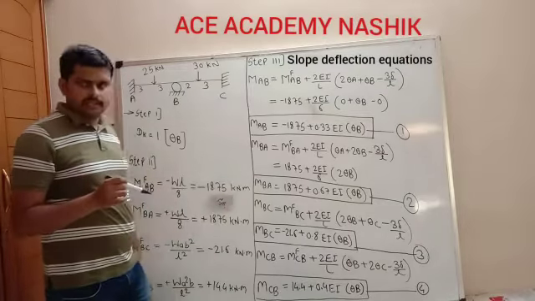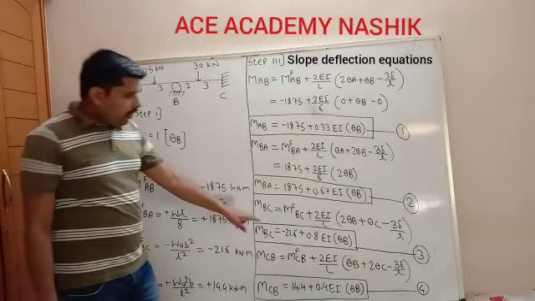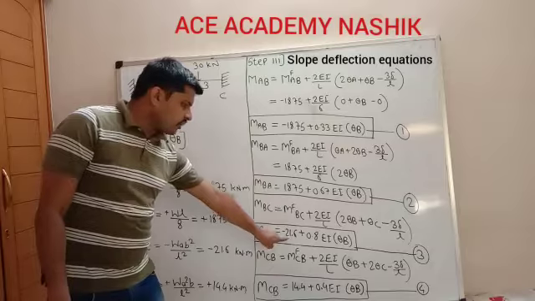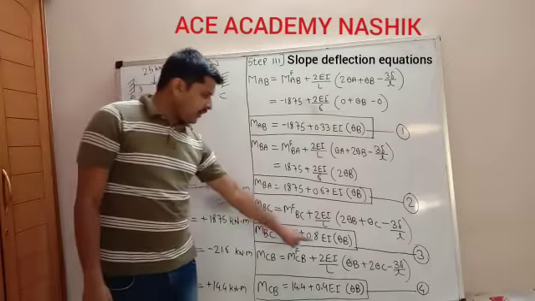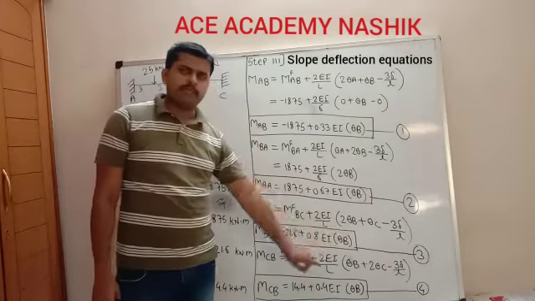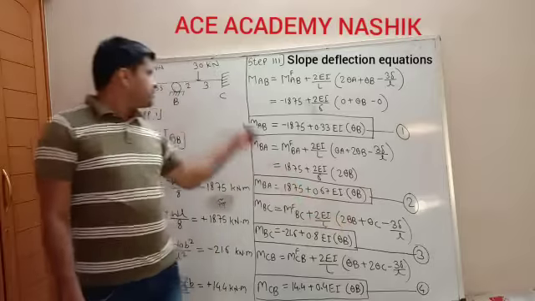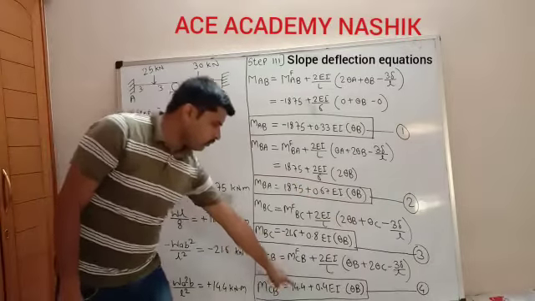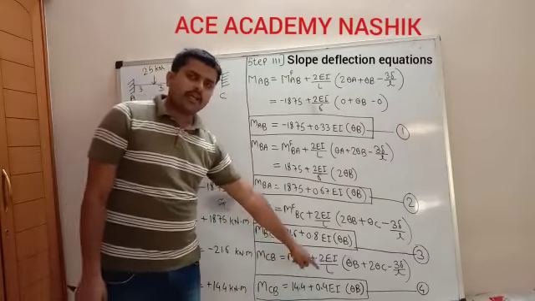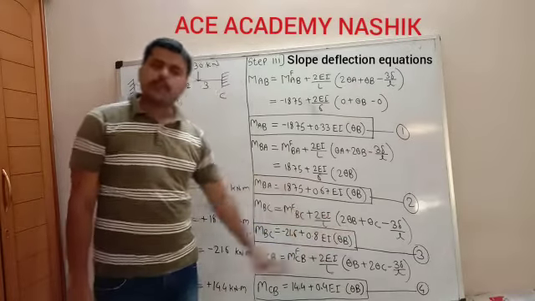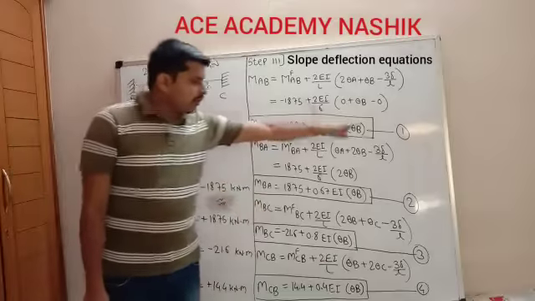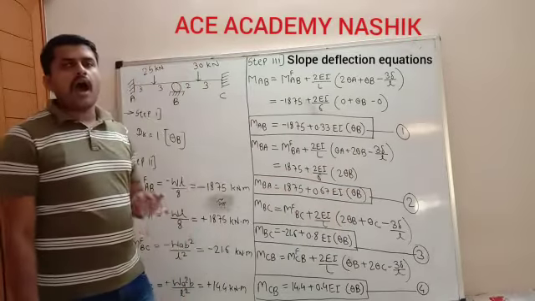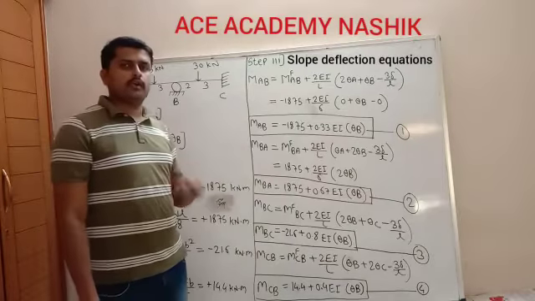Putting all the values in this equation, we get minus 21.6 plus 0.8 EI into theta B, which is our equation number 3. Similarly, for span CB, we get 14.4 plus 0.4 EI into theta B, which is equation number 4. So equations 1, 2, 3 and 4 are all slope deflection equations.